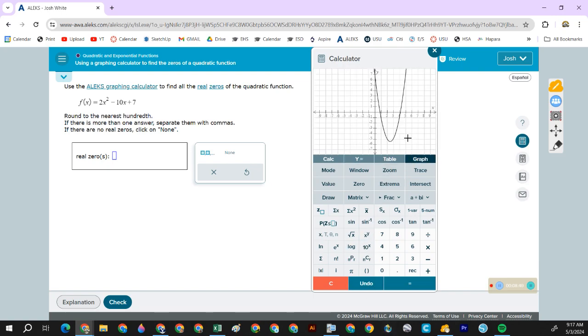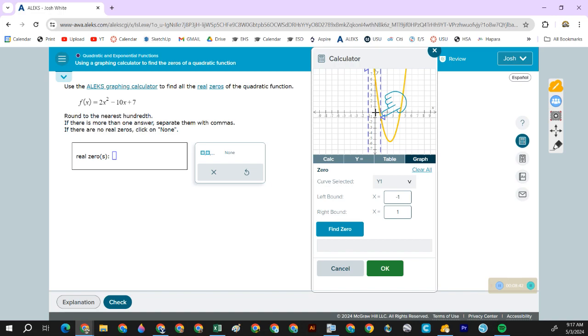Graph. And then I want zeros. So the first zero is between 0 and 2. There's my answer. And the next zero is between 4 and 5. And there it is.